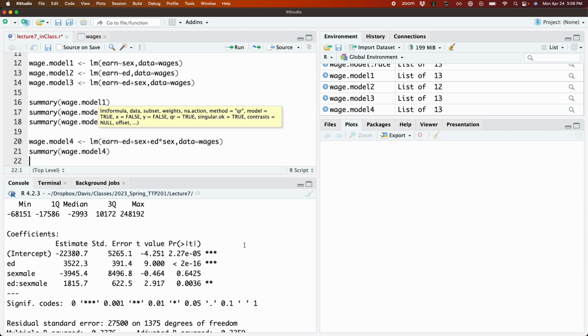So this term here, our dummy variable, is referring to the difference against the baseline female base level, and this one is the slope of education against the baseline female slope of education.